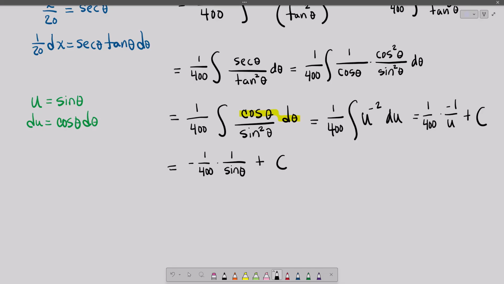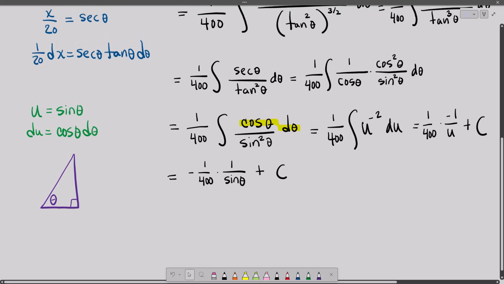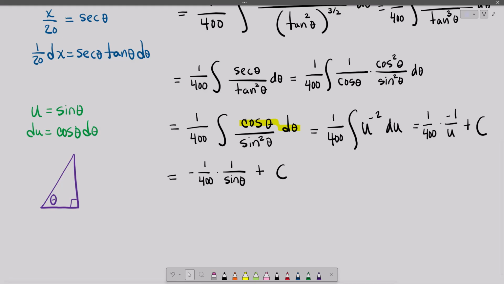Purple triangle coming our way. We've got to get from theta back to x. So we draw our purple triangle, quadrant 1, theta in the corner as if it's living in quadrant 1. And then we fill in 2 sides based on our substitution up here. Secant is x over 20.